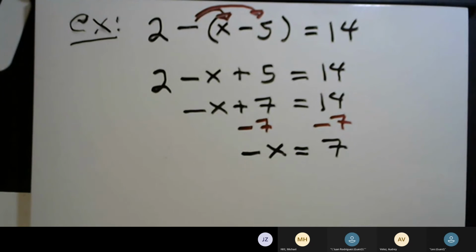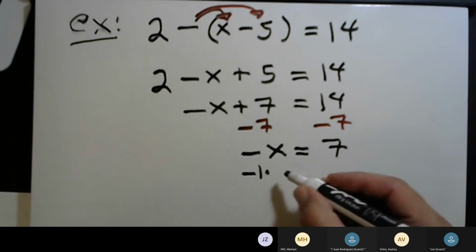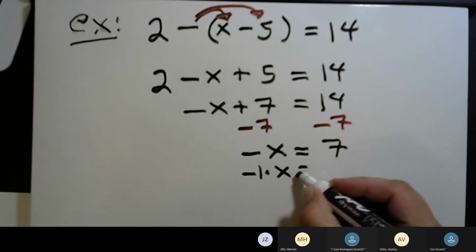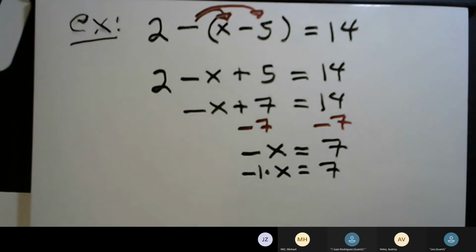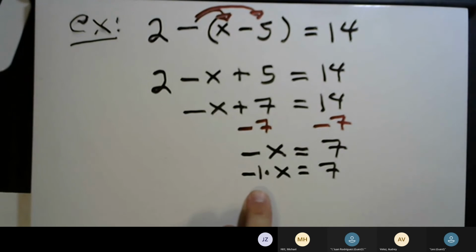Now, this is a tricky situation. Negative x. We can treat this, and this is sort of an algebra thing, as negative 1 times x. When you have a minus like this, you can treat it as negative 1 times that variable.